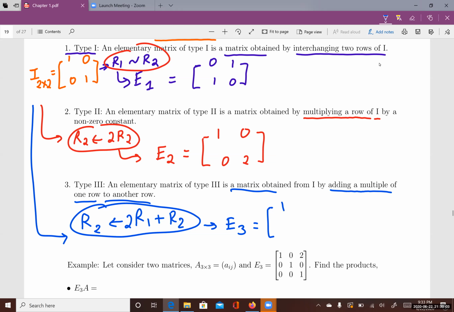Row 1 will stay the same. Row 2 will be 2 times row 1 plus row 2, so 2 times 1 is 2 plus 0 is 2 here, and 2 times 0 is 0 plus 1 is 1.